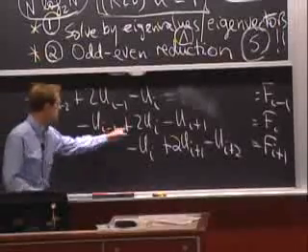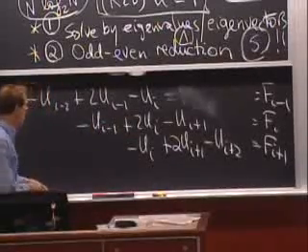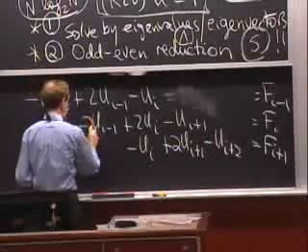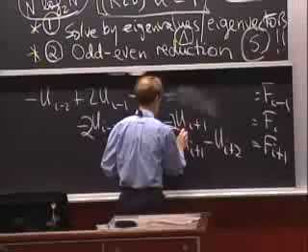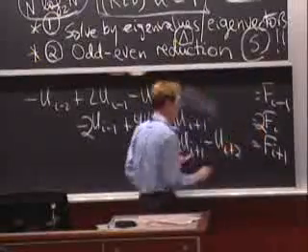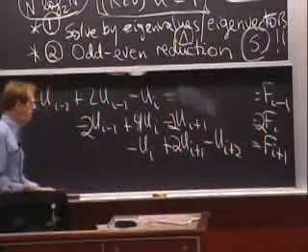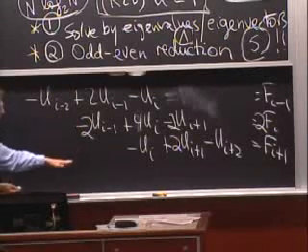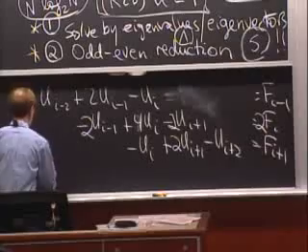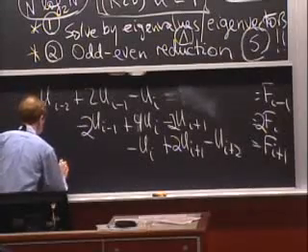If I multiply that middle equation by 2, that becomes a 4, this becomes a minus 2, this becomes a 2. And now what shall I do? Add. If I add the equations together, I get minus u_{i-2}.